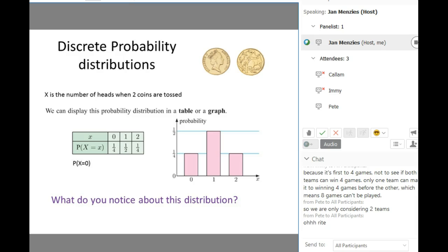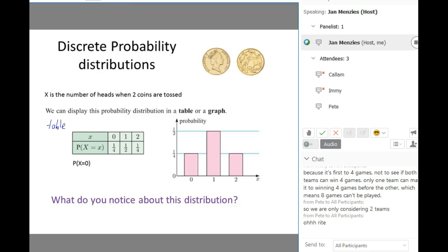Okay, so we've already mentioned that the distribution is important. So I just want you to look at that information both in a table and in a column graph. Is it easier to understand the information, or is the same information presented in both formats, in the table and in the column graph?